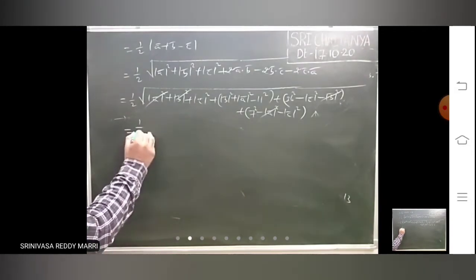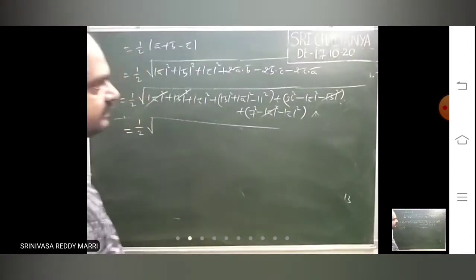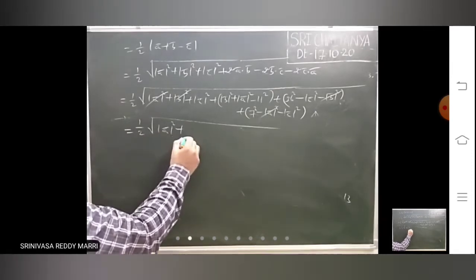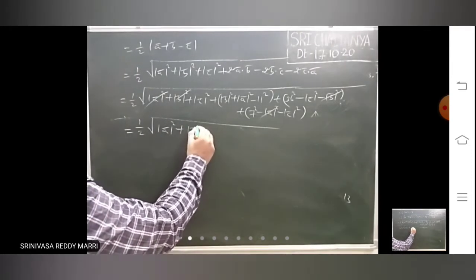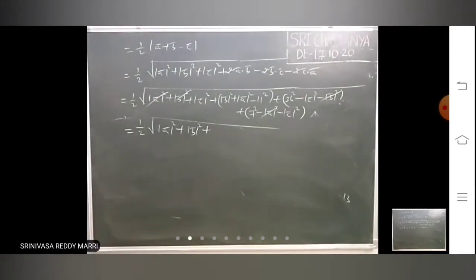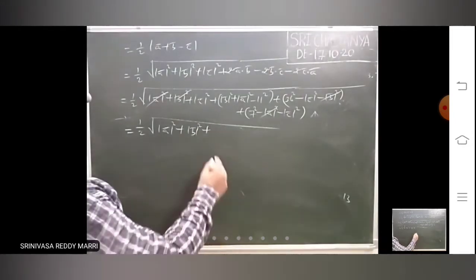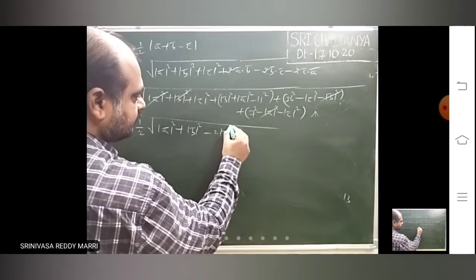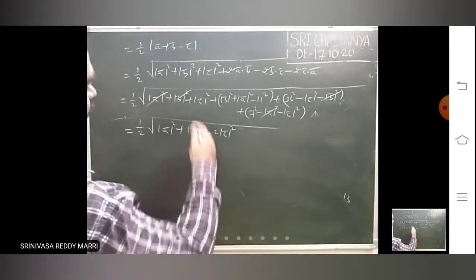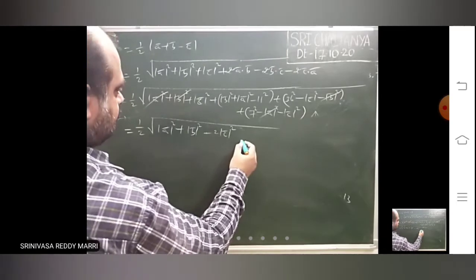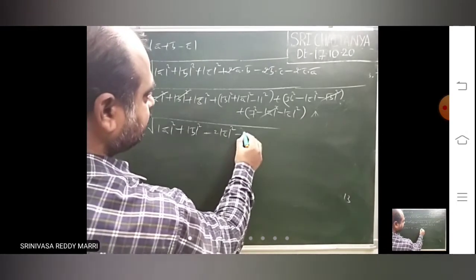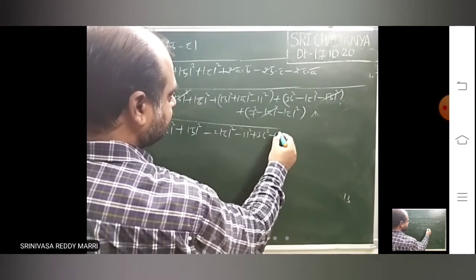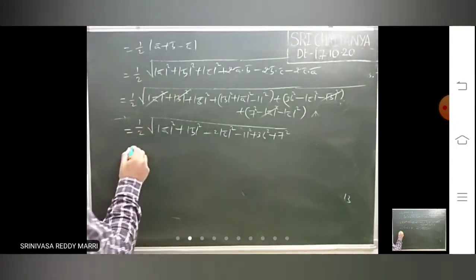So therefore you will get 1 by 2 into root of modulus A bar square plus modulus B bar square plus modulus B bar square plus minus modulus C bar minus modulus C bar. So therefore, what you are getting: minus 11 square plus 36 square plus 7 square plus 7 square.